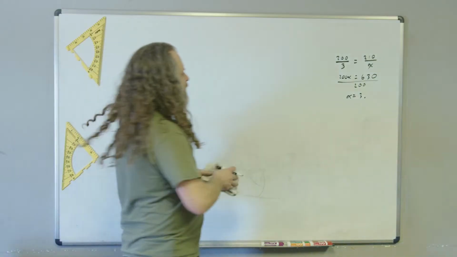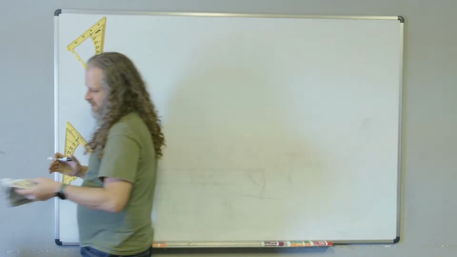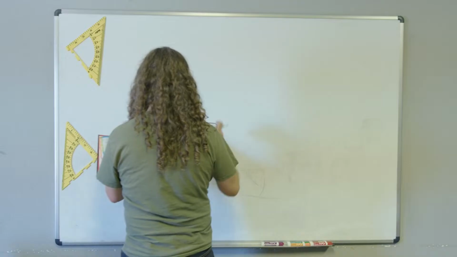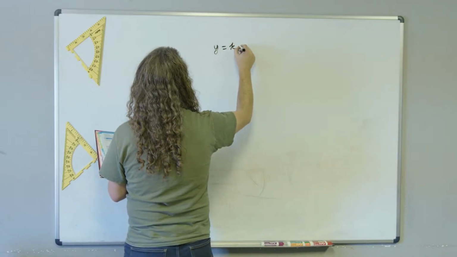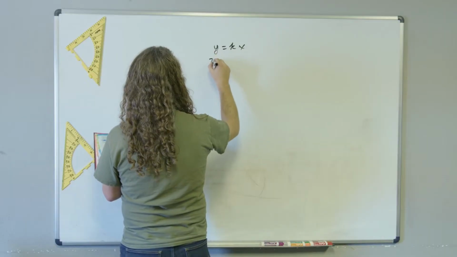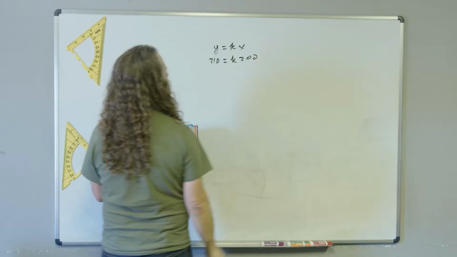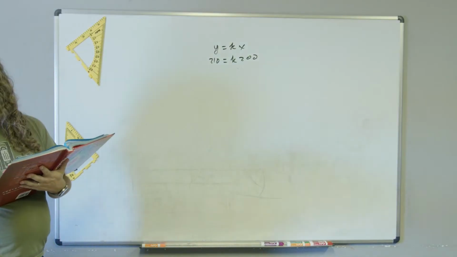We're gonna say that y varies directly as x, and we're gonna put 210 here and 200 here. That seems reasonable so far.